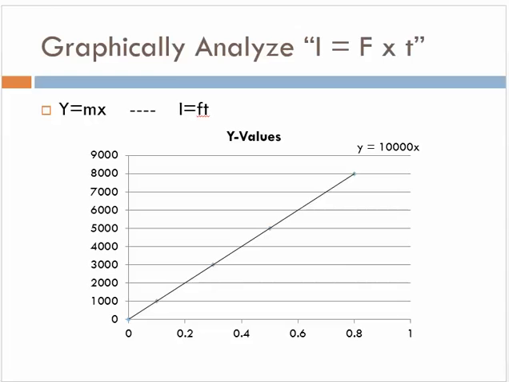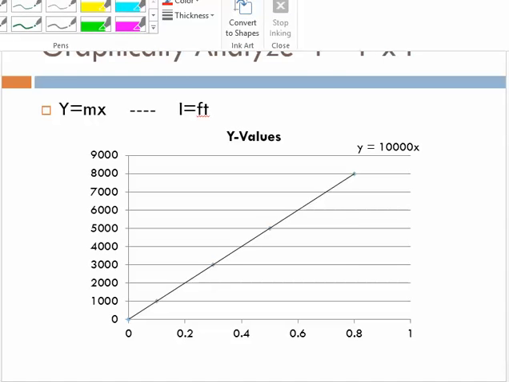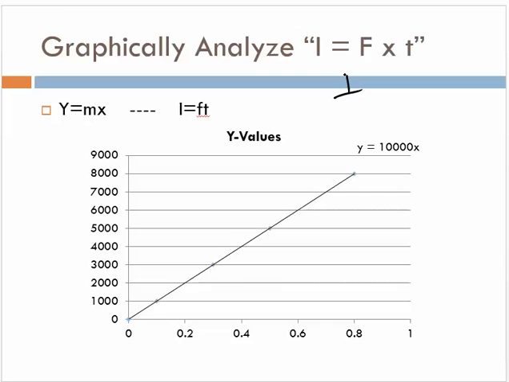All right, let's look at a different equation here now with impulse. And I've got it written up here a little bit funky, but really it's just I equals ft. And in this case, what I want you to see is I'm telling you that over here is our impulse, and down here is our time. We talked about there's two things you can always do.